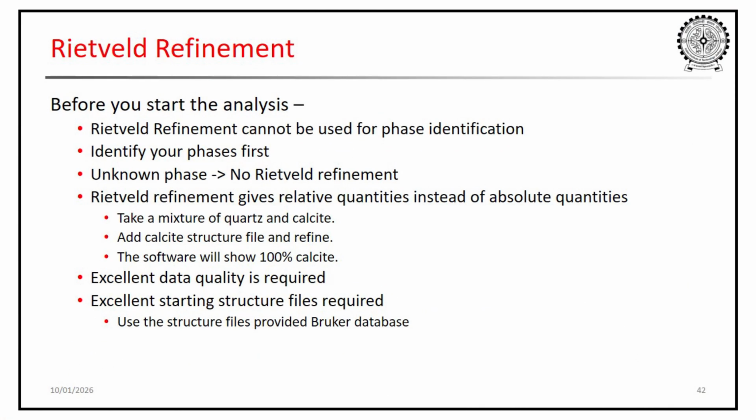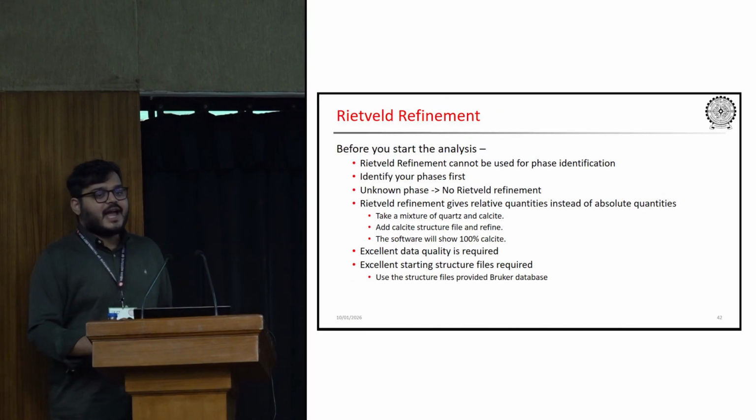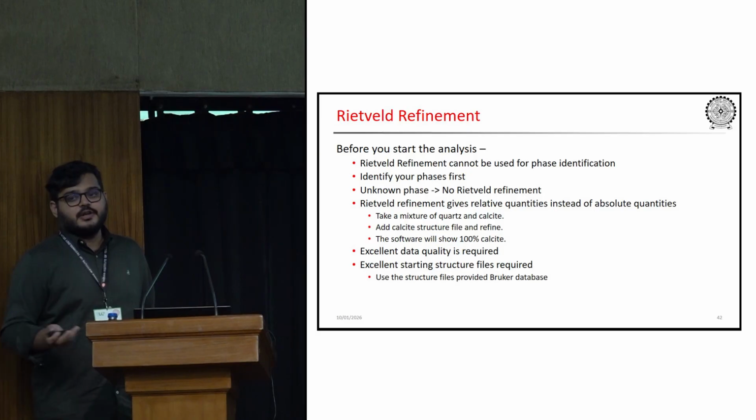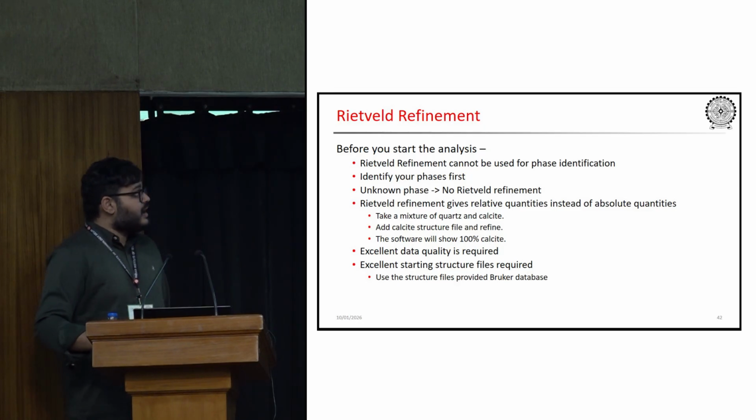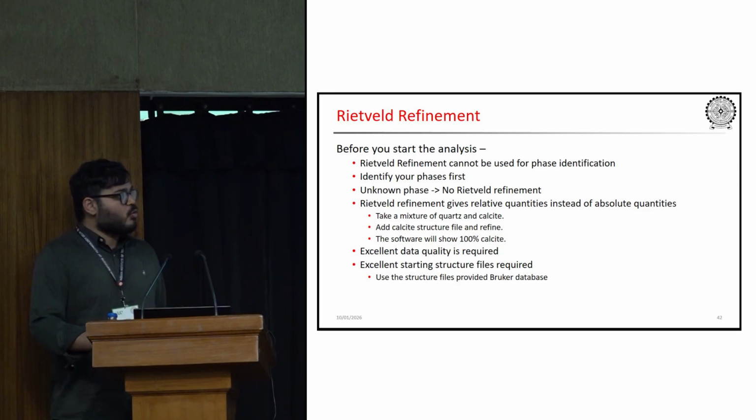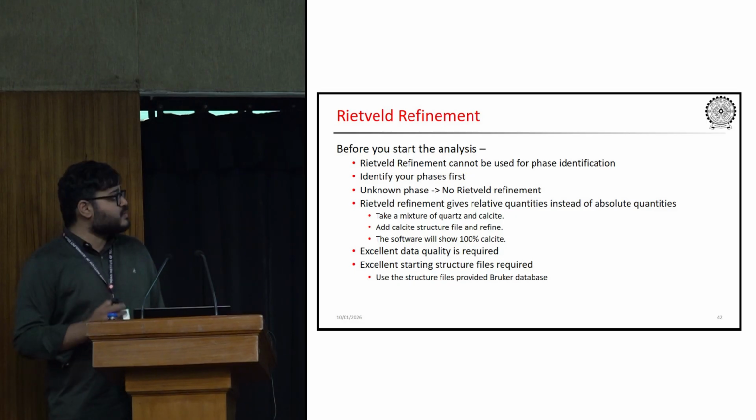Before you start the analysis, what you need to ensure is that Rietveld refinement cannot be used for phase identification. Right? What you need to do is very clearly identify all the minerals present in your sample. If you have an unknown phase, you'll not be able to do a Rietveld refinement, right? And Rietveld refinement is going to give you relative quantities instead of absolute quantities.